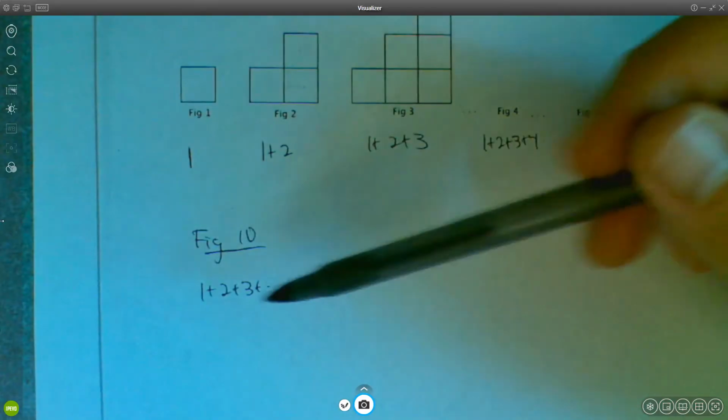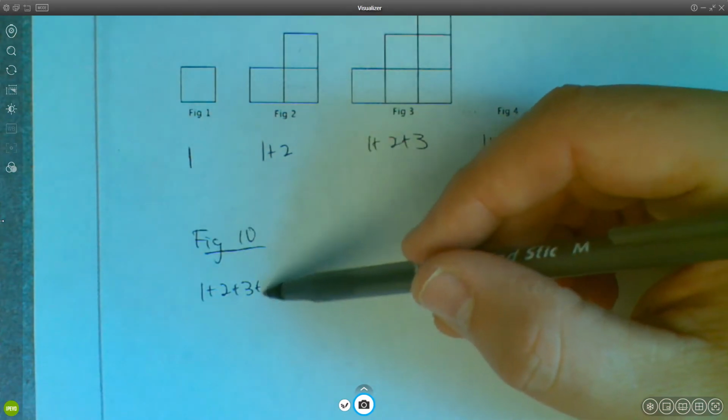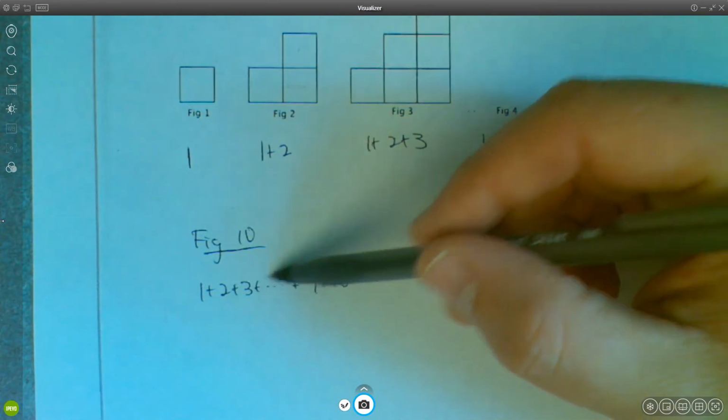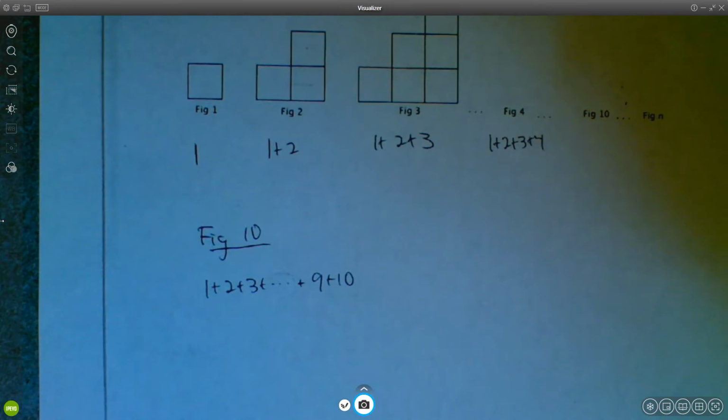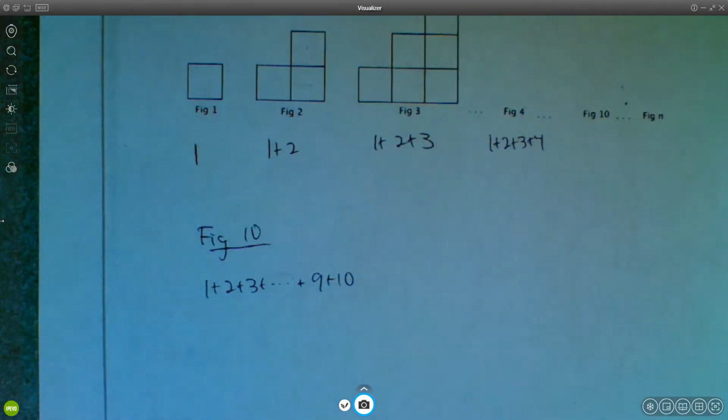Generally speaking, any formula that uses the ... thing in it is not a closed form. That's not a closed formula. We want a closed formula, one that we can just plug the figure number into and boom, get our answer. So this is not terribly useful.